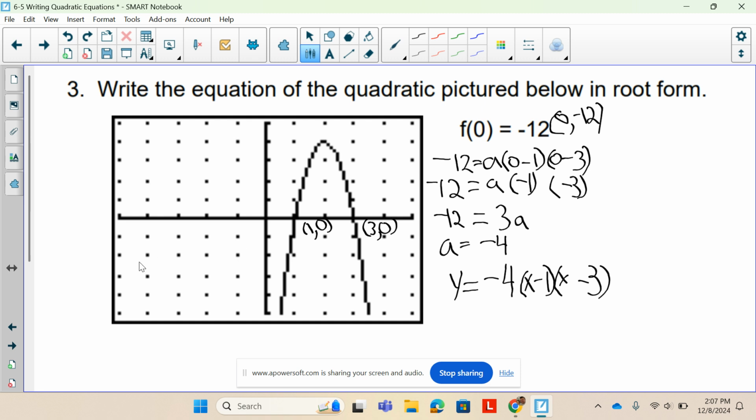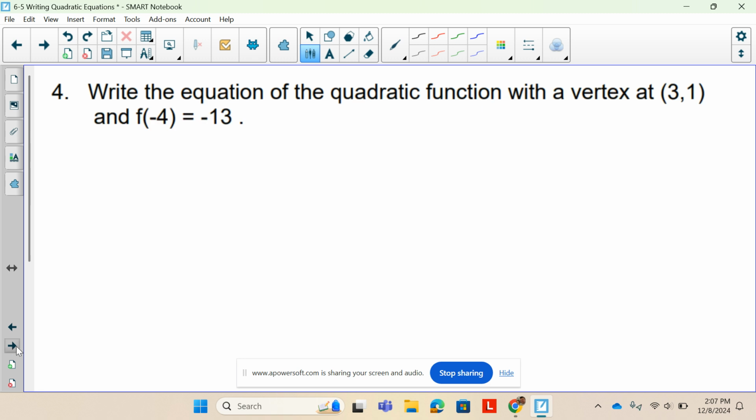And that's our equation in root form. Okay, let's see if we've got one more that has vertex form.